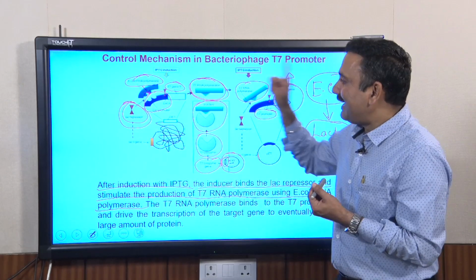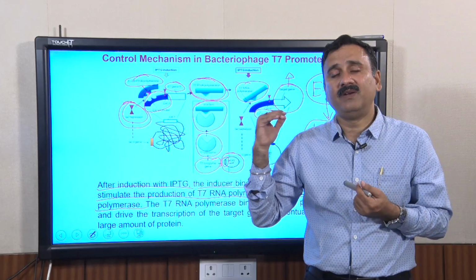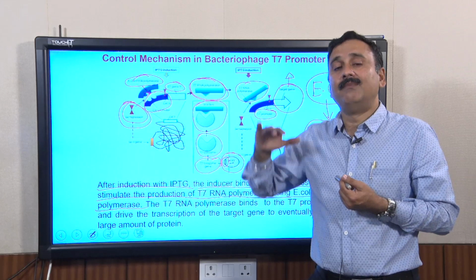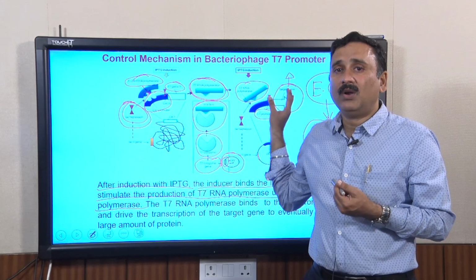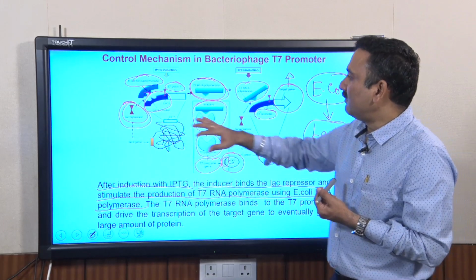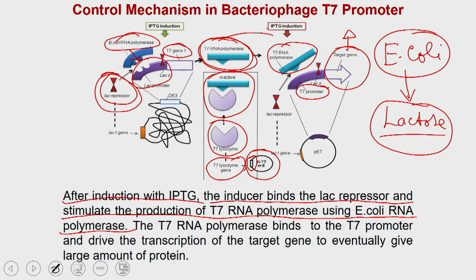But once you add the IPTG, which is a very strong inducer compared to the low level of lactose present in the E. coli, a large quantity of T7 RNA polymerase is produced, and then you see induction once you add the IPTG.